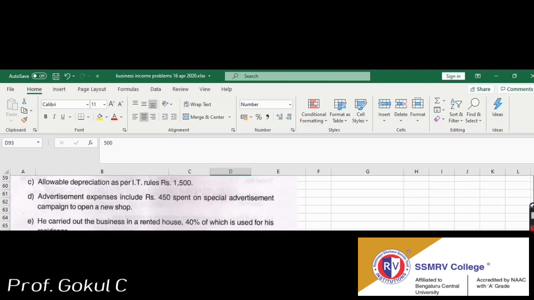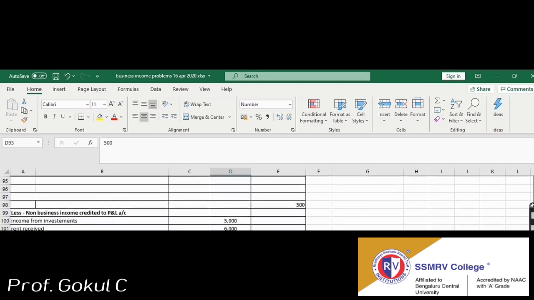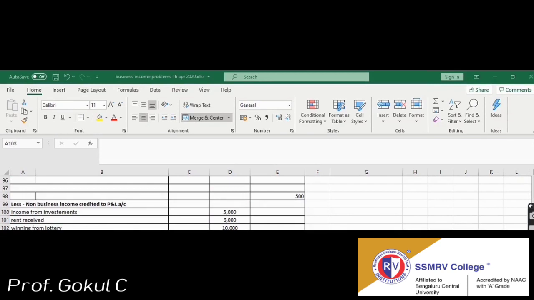Then allowable depreciation as per income tax rules, that you can put here as depreciation allowed.